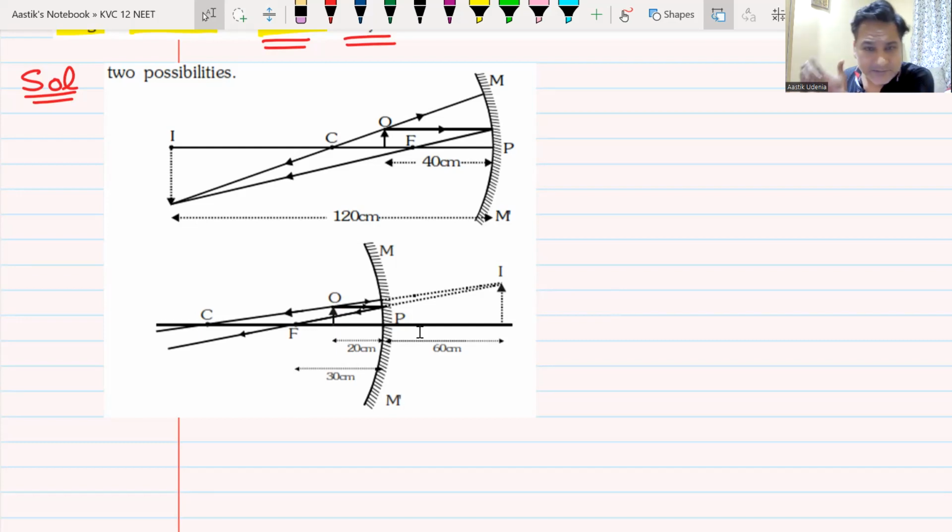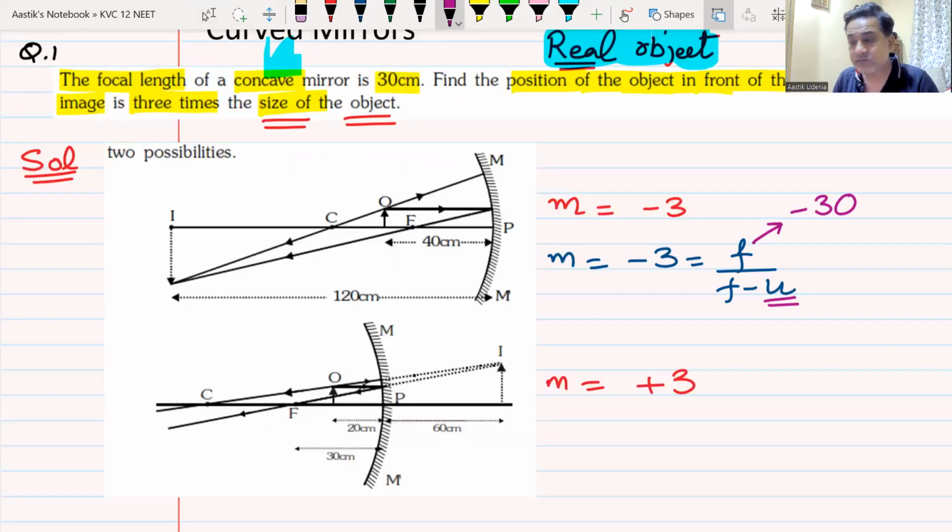In some cases you might have to find the value of f, in some cases the value of u. Now I can also make a formula for f and u from this, but if I make so many formulae, it will be very difficult for you to learn them, and that is why I have only made those formulae which are just required.